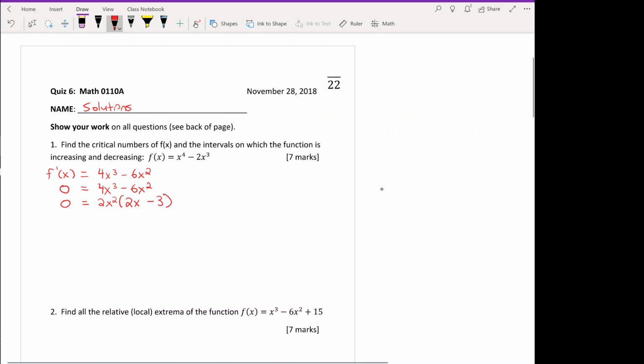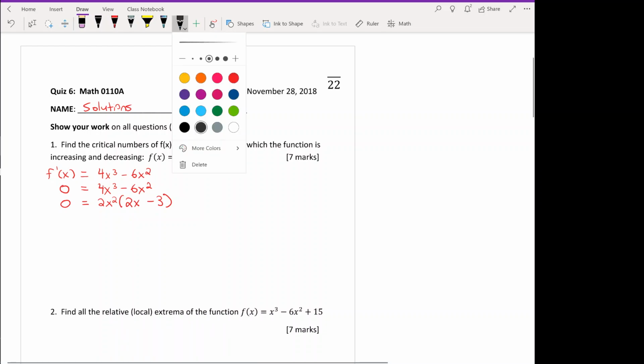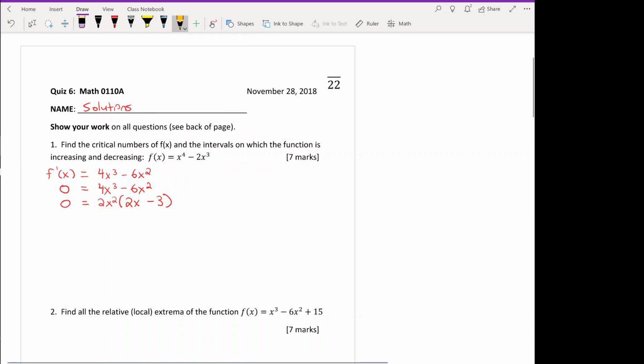And we want the x values that make either parts here equal to 0. So from the first part, we can make that part 0 if x is 0. And for the second part, we can make that part 0 if 2x minus 3 is 0, which means 2x is equal to 3, which means x is equal to 3 over 2.